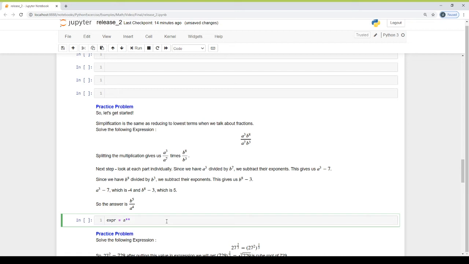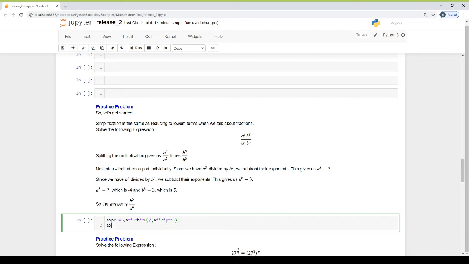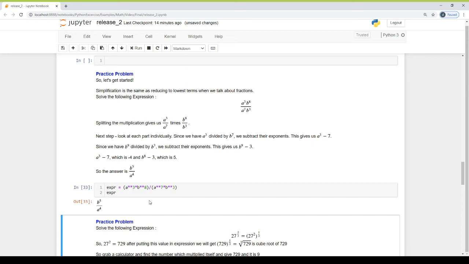A raised to power 3 multiplied by b raised to power 8 in bracket, divided by, in bracket, a raised to power 7 multiplied by b raised to power 3, expression, and our result is b5 in the numerator and a raised to power 4 in the denominator.